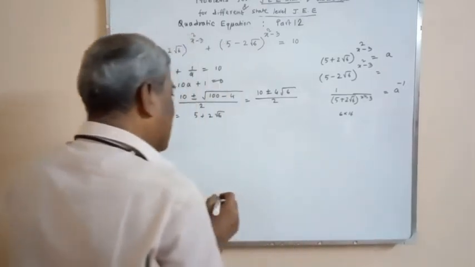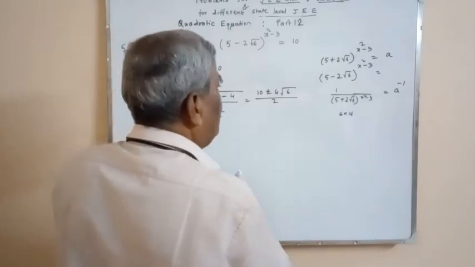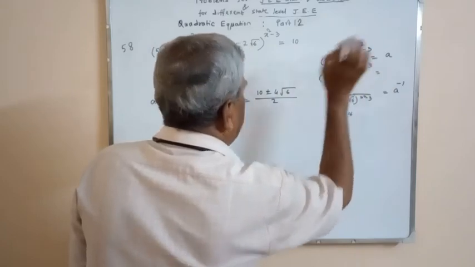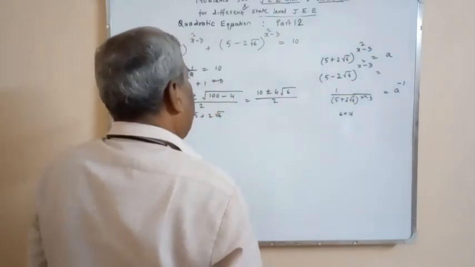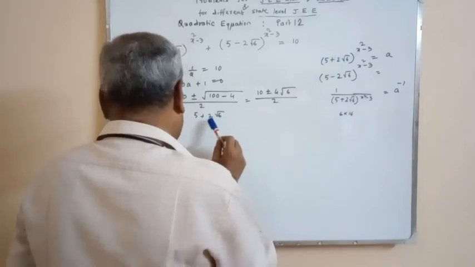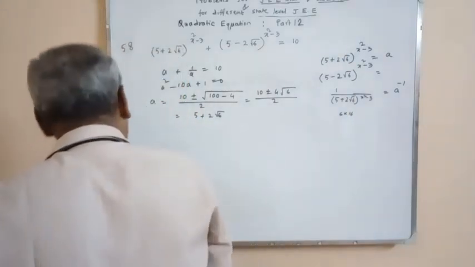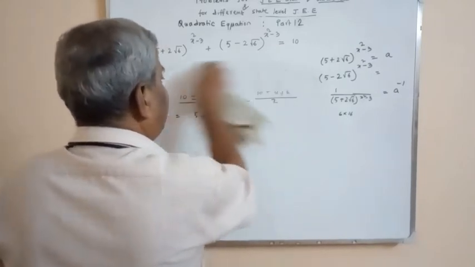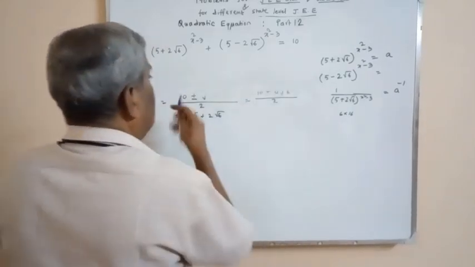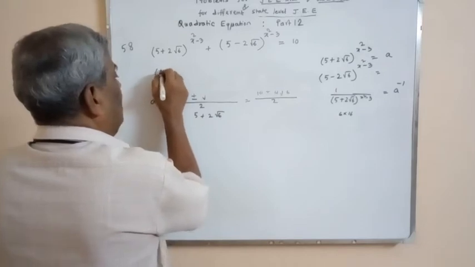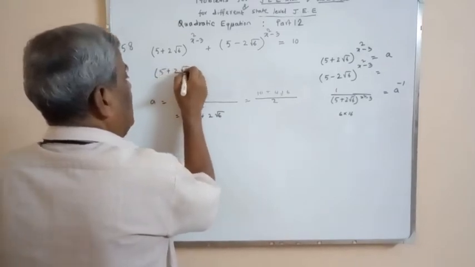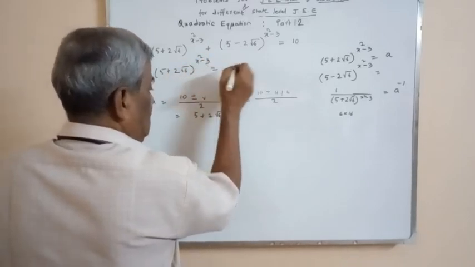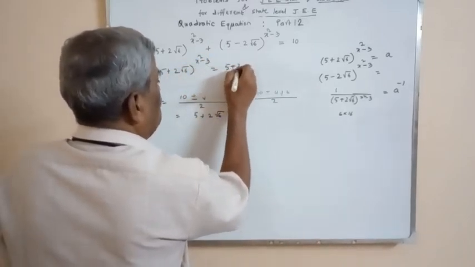But we know that our a is nothing but (5 + 2√6)^(x² − 3). Same, this base and that are same. So from here we can say that (5 + 2√6)^(x² − 3) is equal to 5 + 2√6.